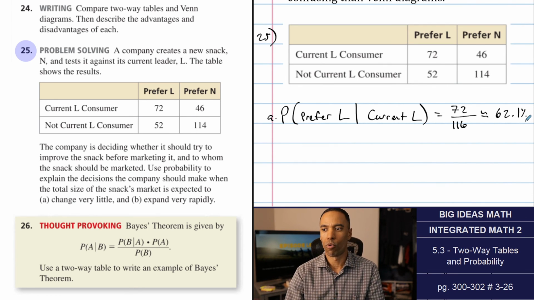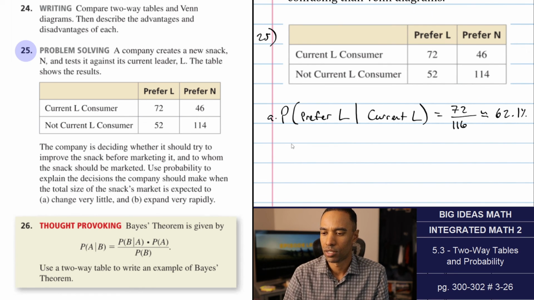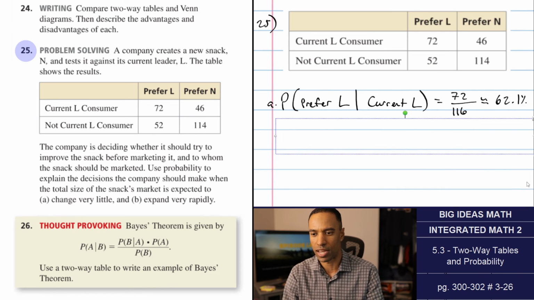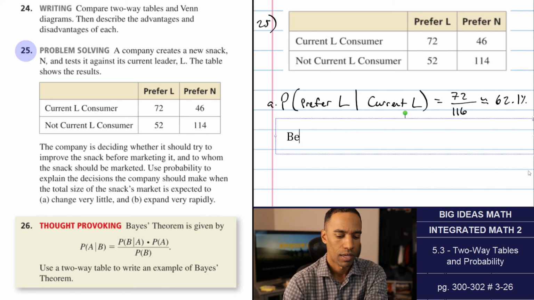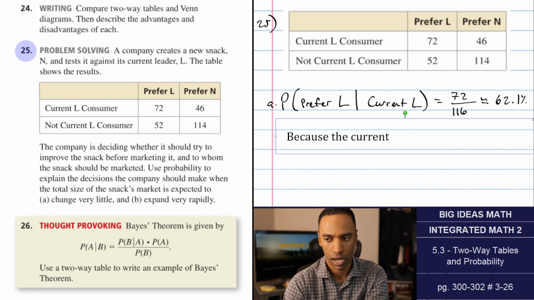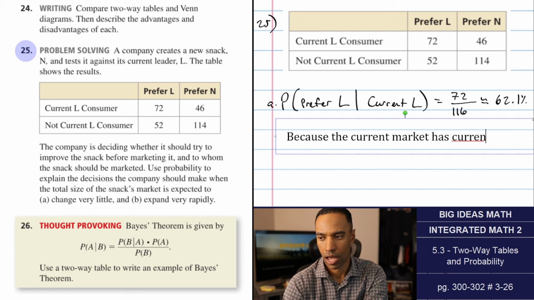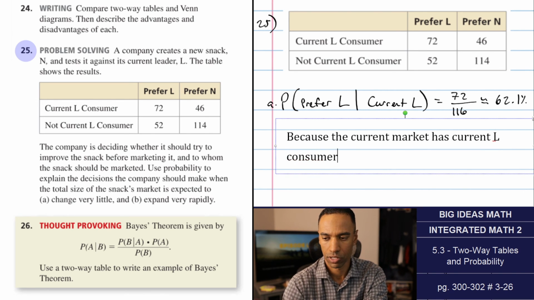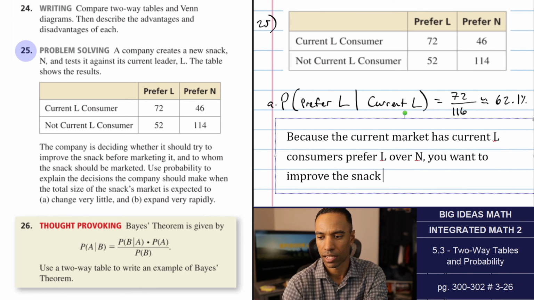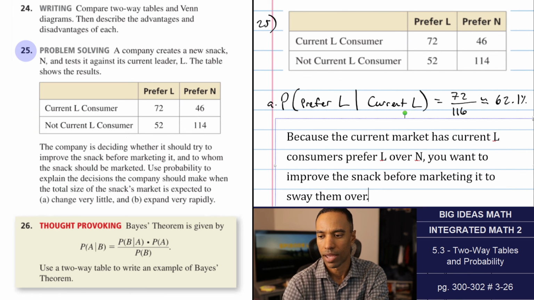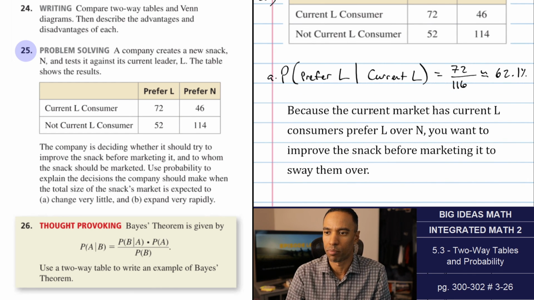So when there are more current leader consumers who prefer that snack, you really want to improve the snack beforehand. Because the current market, a little changing market, has current L consumers who prefer L over N. You want to improve the snack before marketing it to sway them over, right? They don't prefer the new one, so you need to improve it before marketing again.